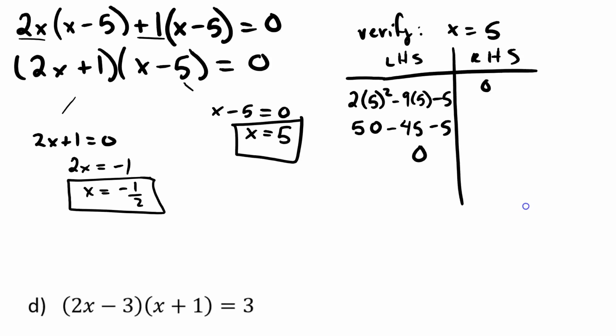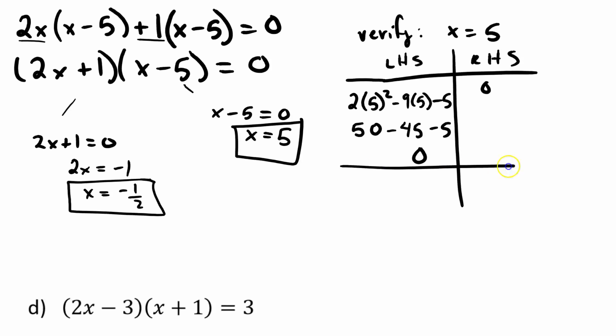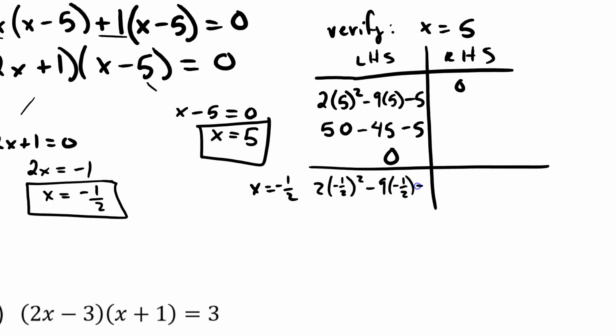Fabulous. Let's verify when x equals -1/2. So I'm going to say 2 times -1/2 squared minus 9 times -1/2. Just going to zoom in here. Minus 5. What I have here is 1/2. -1/2 squared is 1/4 times 2 is 1/2.